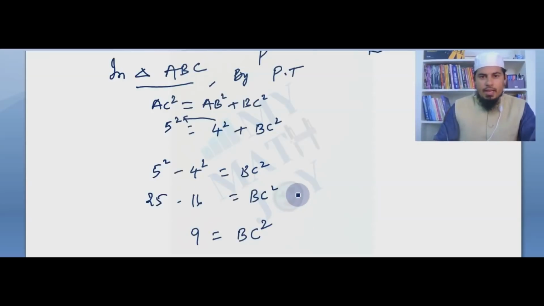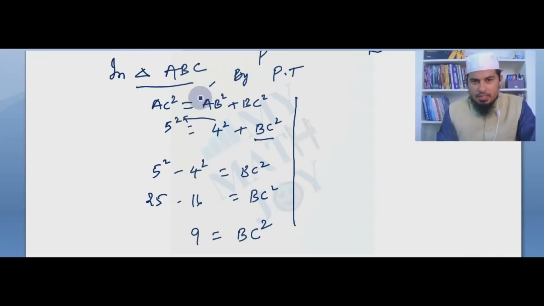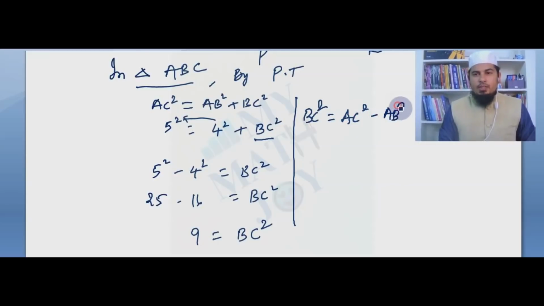Now we got the BC value from our basic definition. This definition can be manipulated by transposing the unknown, keeping the unknown on the left hand side. If I want BC square directly on the left hand side, then it is hypotenuse square minus one of the given squares.